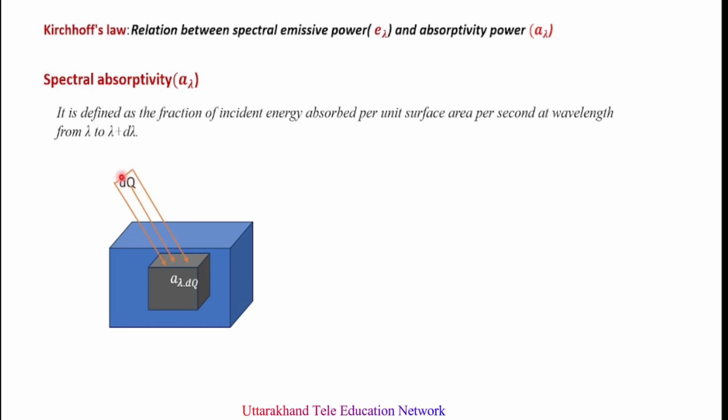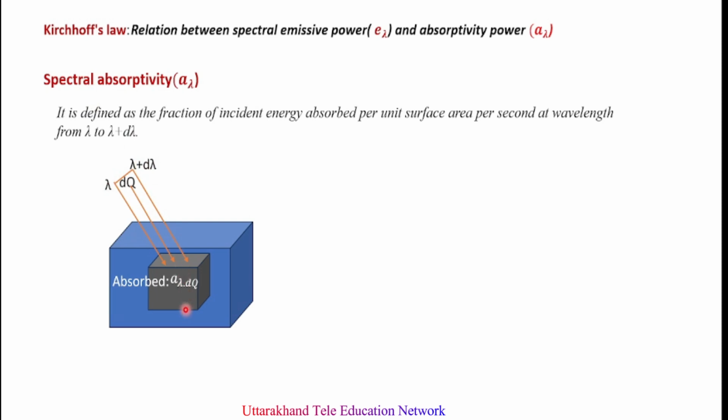This dq is the amount of incident radiation on this particular area. There are three possibilities. First, the amount A lambda dot dq will be absorbed by this body in 1 second. This is the range of our radiation, lambda to lambda plus d lambda, so this is called spectral.